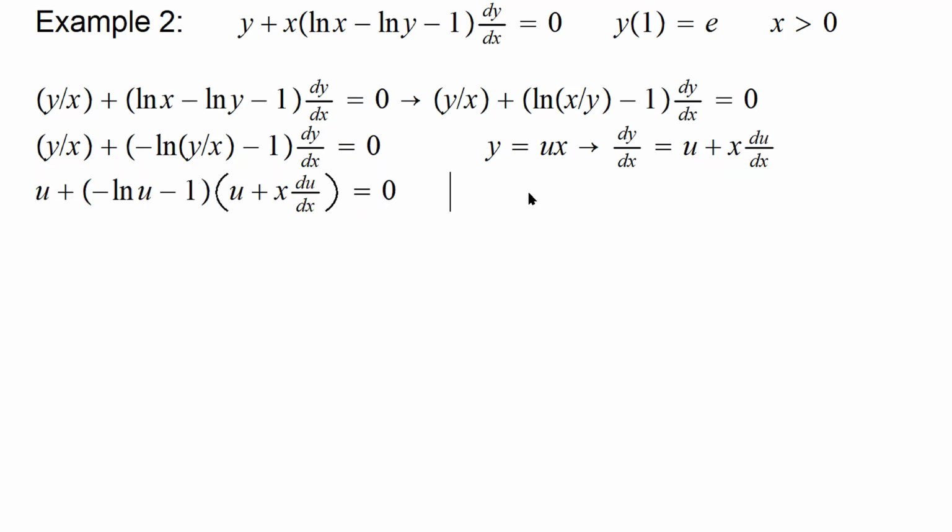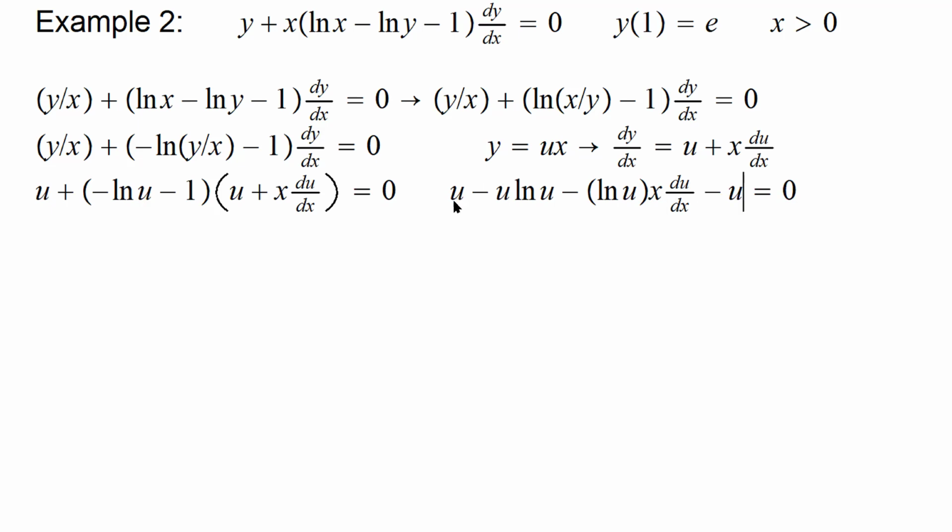If you did algebra in a class that did do the FOIL method, so if we multiply, what do we get? Negative u ln u, and then we get negative ln of u in parentheses, this when I'm multiplying with this. So ln of u x du dx, okay, and then we are multiplying with 1.